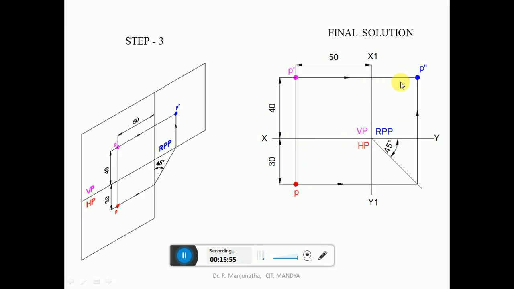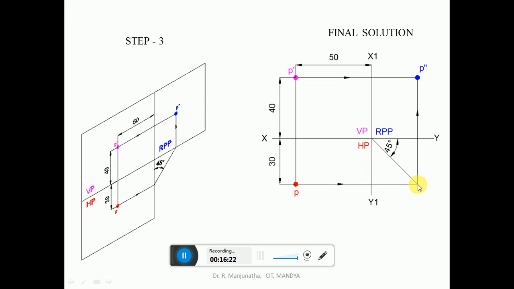That can be done only by drawing a line at an angle of 45 degrees. Using a protractor, you measure an angle of 45 degrees with respect to the origin and draw an inclined line. Then draw a horizontal projector from small p onto that 45 degree line, so that the vertical distance of 30 mm has been transferred to a horizontal distance of 30 mm.